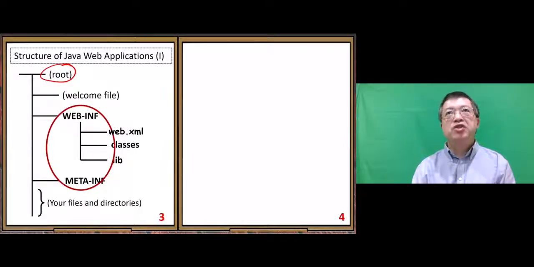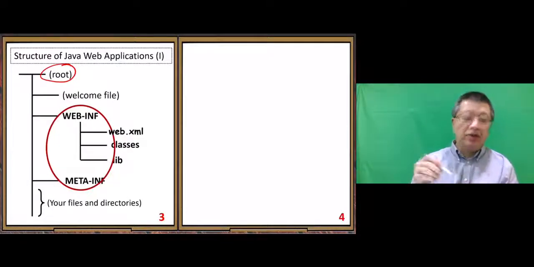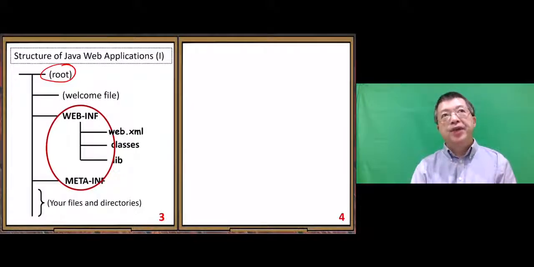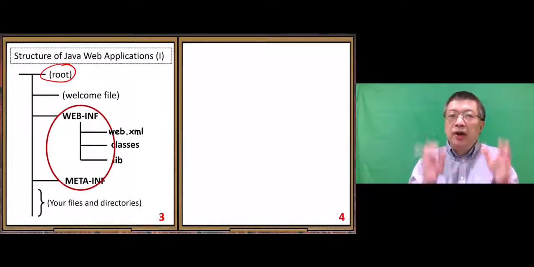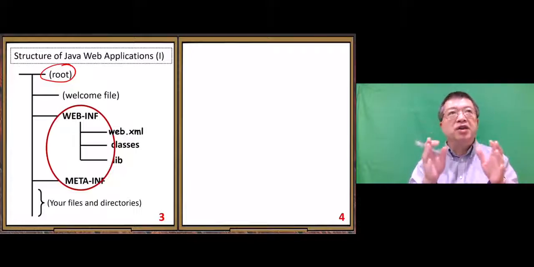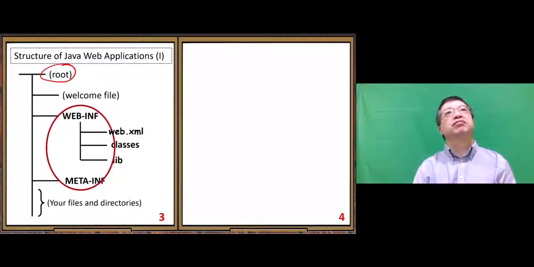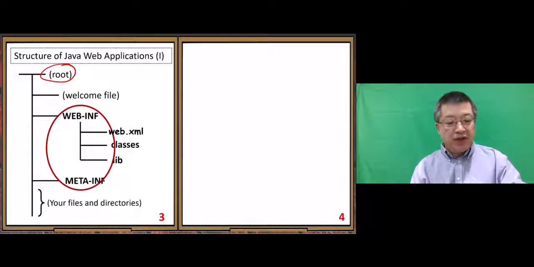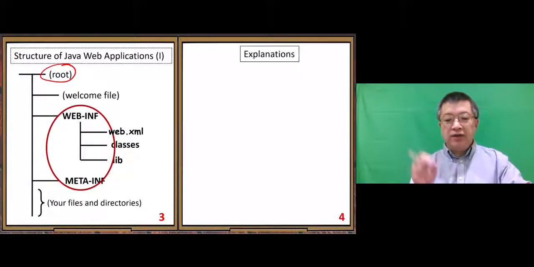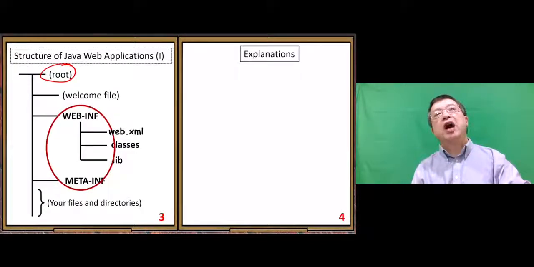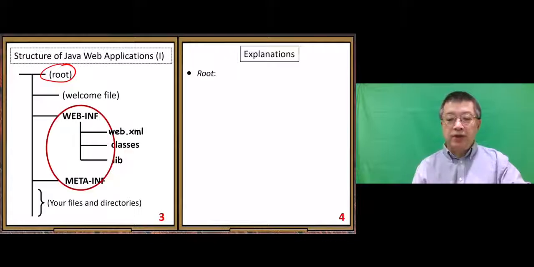You can change those names when you develop your own web application, but the names without parentheses you cannot change. You have to use the same names following the Java EE specification. All right, so let me explain these items one by one. The first one, the root.